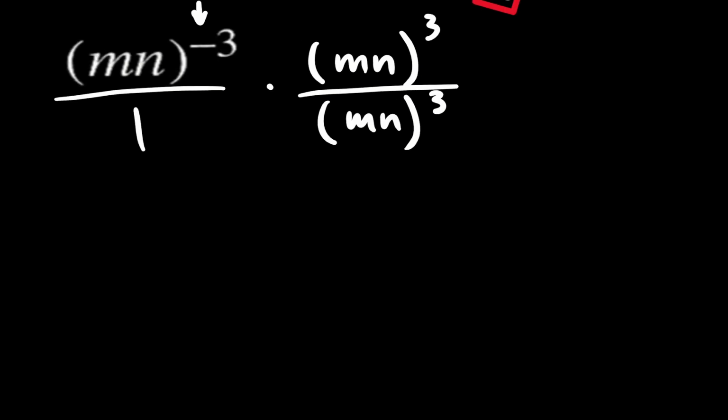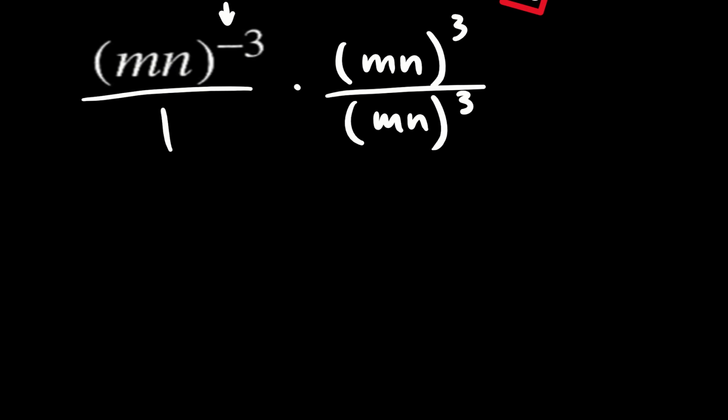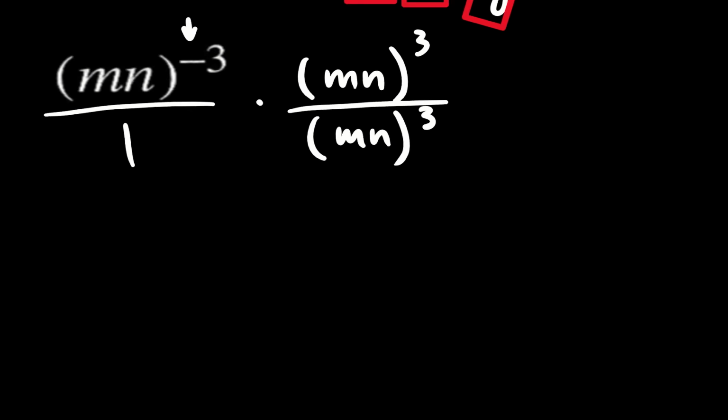So what I'm looking at now in my numerator, mn raised to the negative third times mn to the third is mn to the 0. Anything to the 0 power is 1. So I've got a 1 in my numerator, and in my denominator I have mn cubed, like this in parentheses.